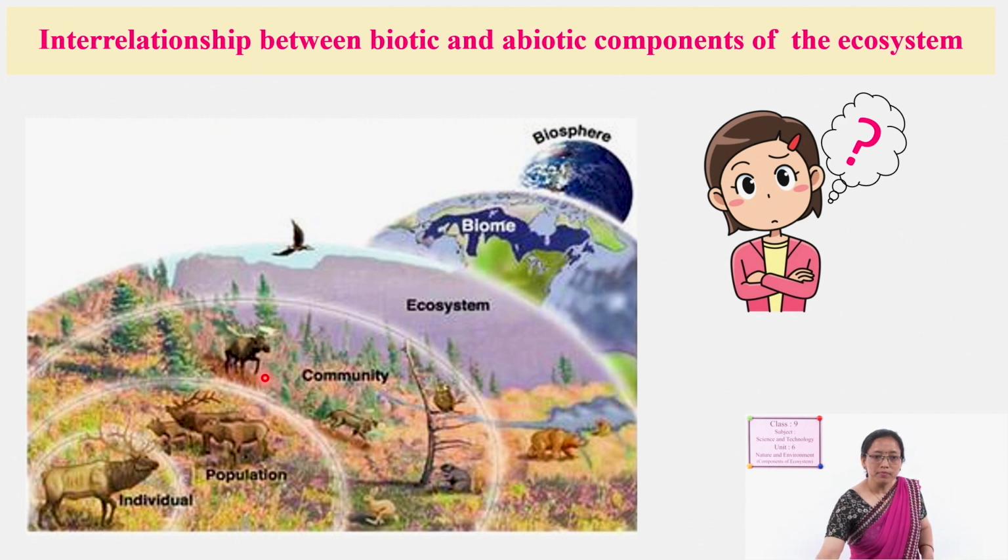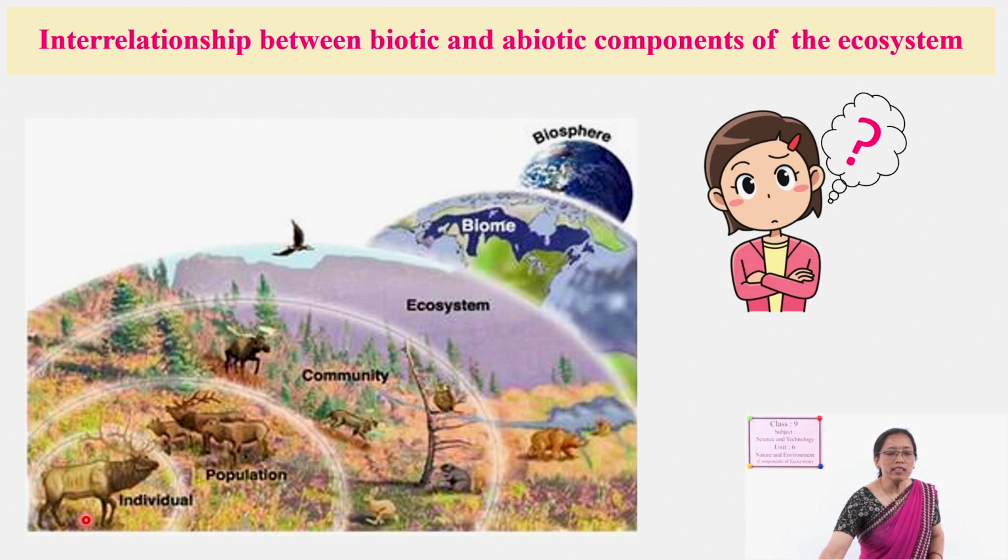See here, there are various kinds of organisms growing in this particular environment. Okay, and this forms a hierarchical level of the environment. A single individual, an individual animal or individual plant, is a very small unit.